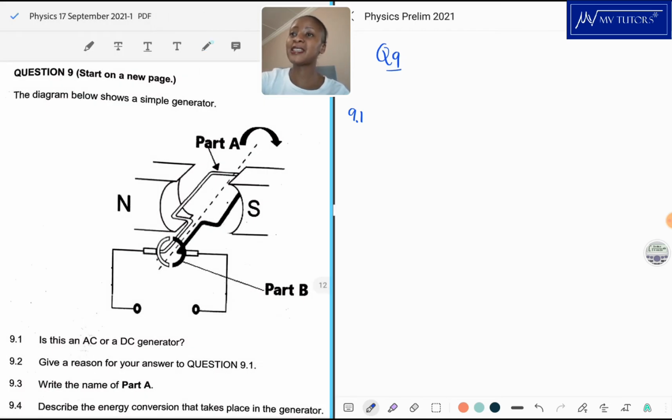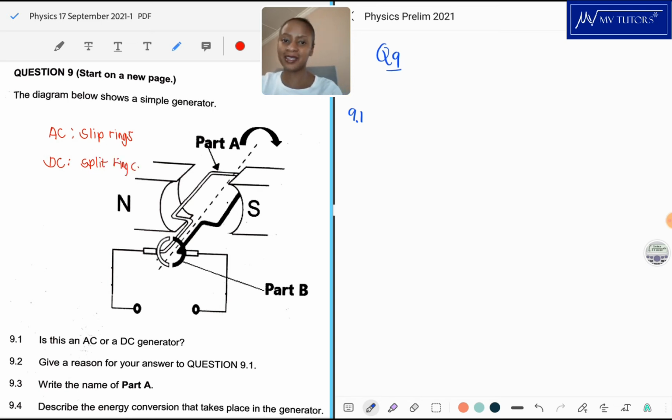So for an AC, you have slip rings, but for a DC, you have a split ring commutator. So in this case, we have it split. You don't have two rings that you slip in. No, you have a split ring. So it is a DC generator.